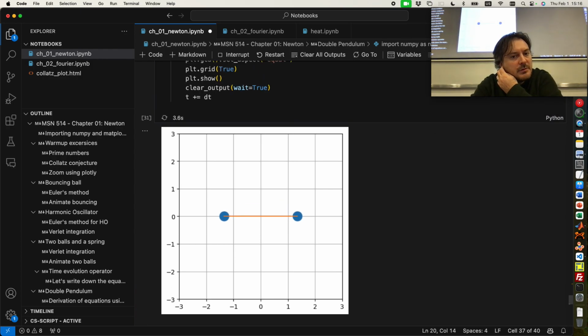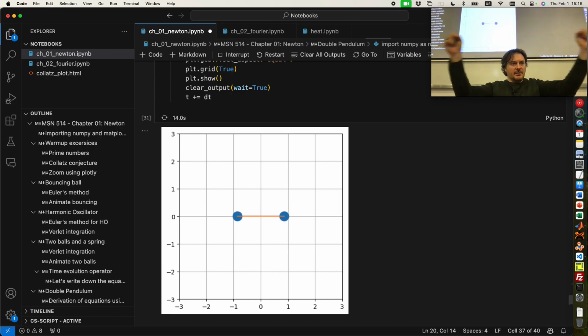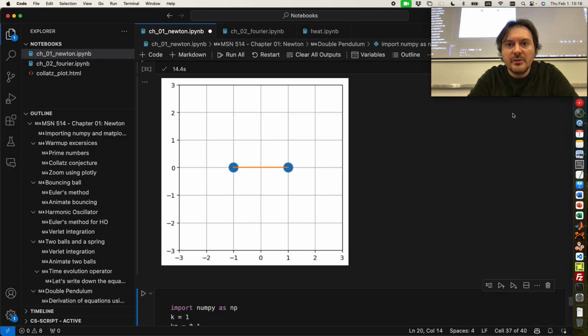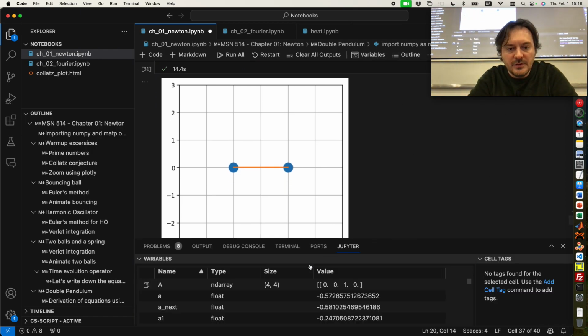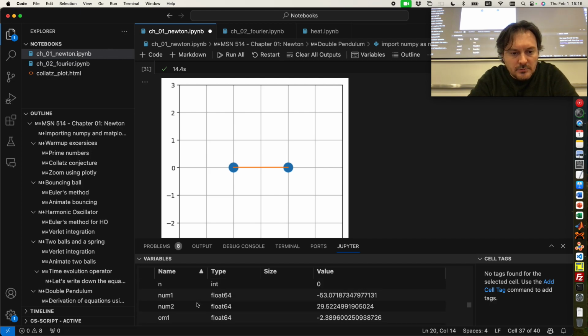Okay. So the first eigenvalue looks like this. We took 2 atoms, and the eigenvalue is like this, okay? And it has some omega. We can actually look at the variables, and we can look at what omega is. Where is omega squared?